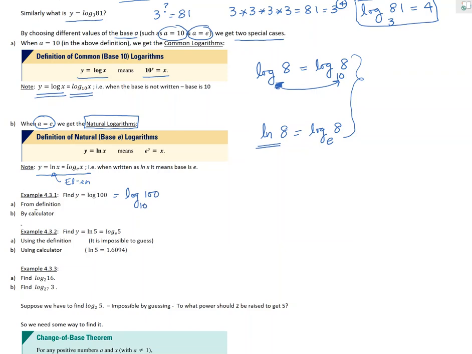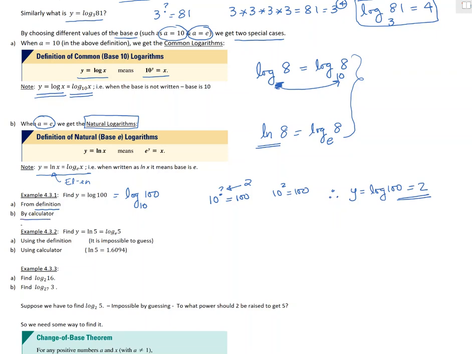So now we have to find it by definition. That means we have to figure out 10 raised to what is going to give me 100. Now obviously we know that this number must be 2 because 10 squared is 100. Therefore, this y, which is log of 100, must be equal to 2.